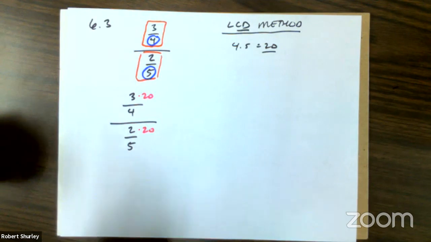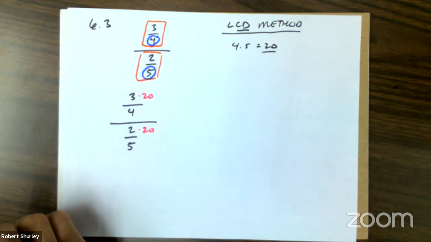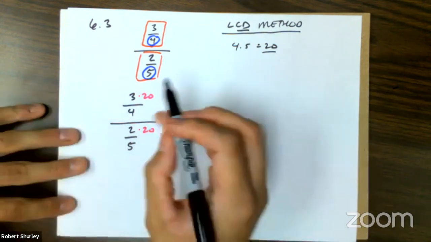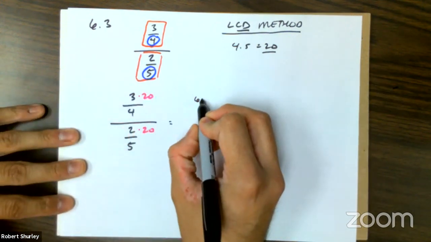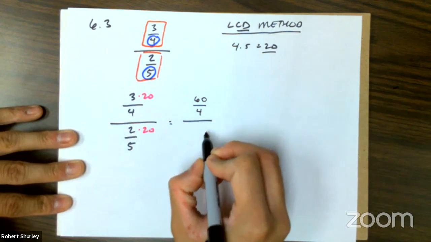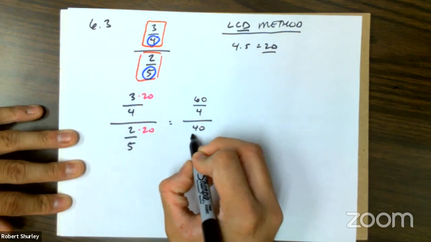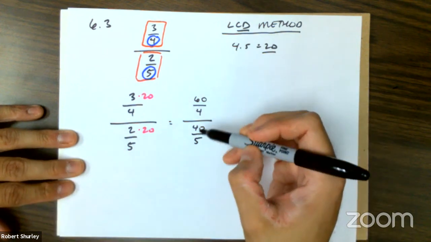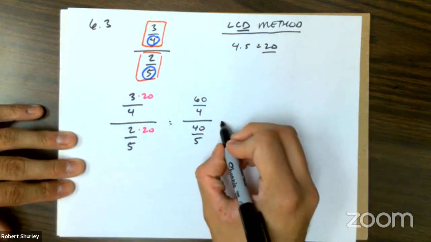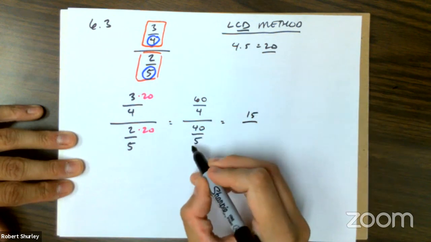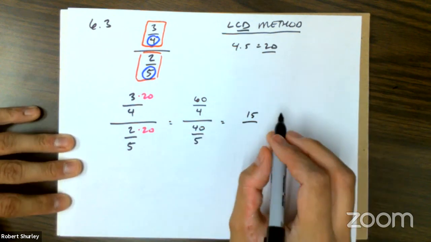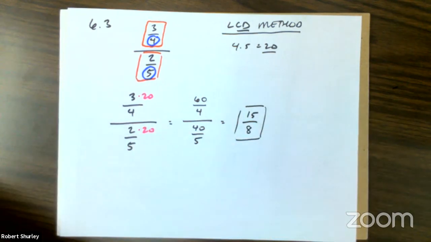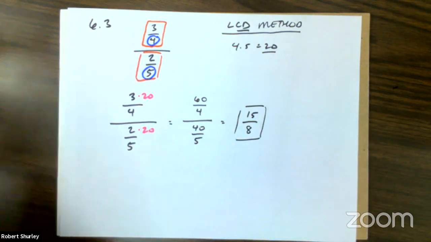But when you do this, it'll get rid of the fractions within the fraction. 3 times 20 is 60 divided by 4. 2 times 20 is 40 divided by 5. These will cancel. 60 divided by 4 is 15. 40 divided by 5 is 8, right? And we're done.